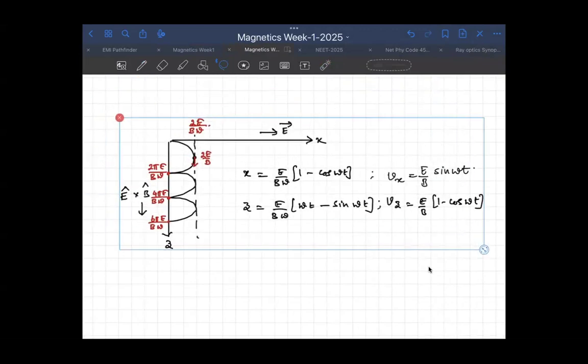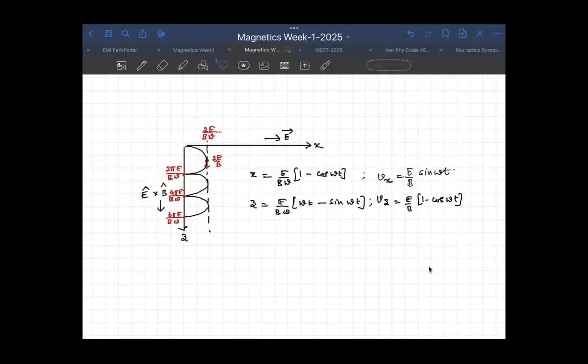Later, you cannot derive it all. In the entire magnetics, this is the difficult part. I have derived this yesterday. So therefore, if this is the E bar direction and this is the E bar cross B bar direction, then this is how you will have the cycloid path.